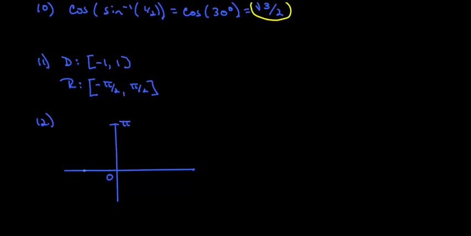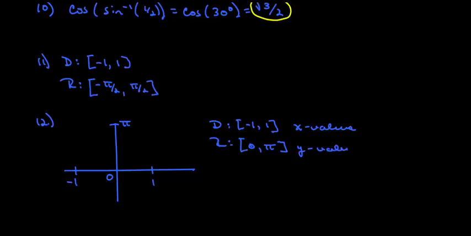The x-axis, I can only be between negative 1 and positive 1, because the domain of the arc cosine function is between negative 1 and 1, so these are the x values, and the range of it is between 0 and pi. These are the y values.